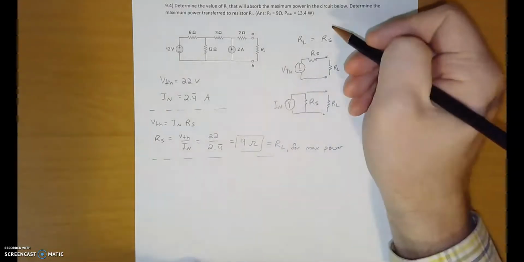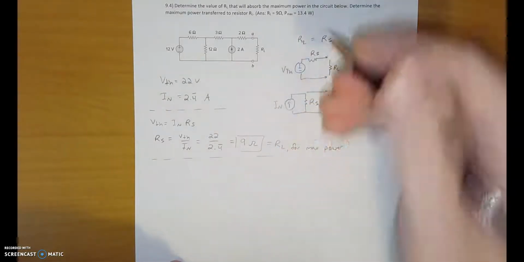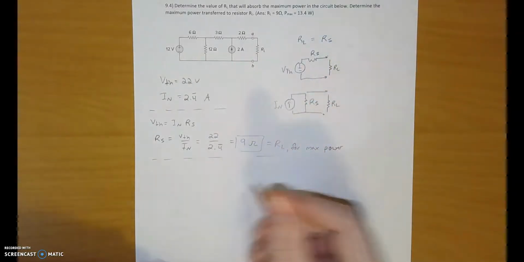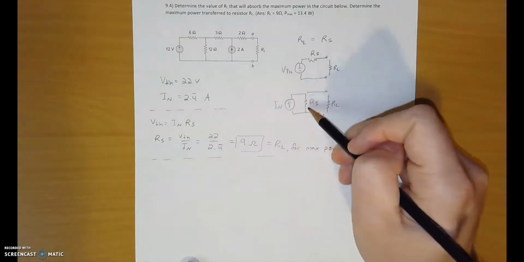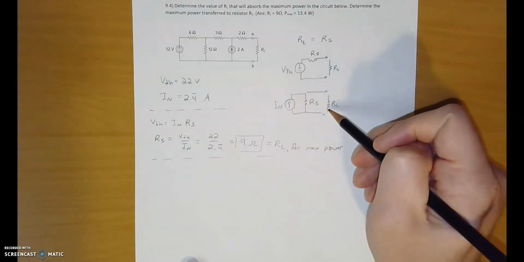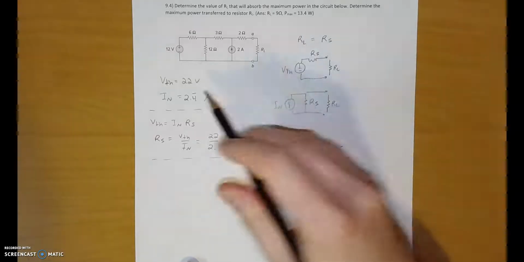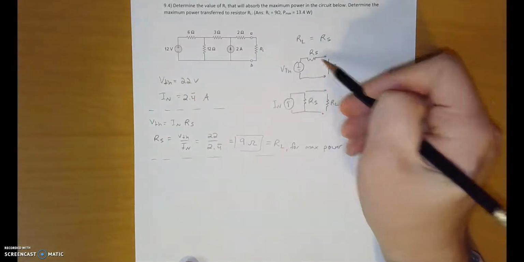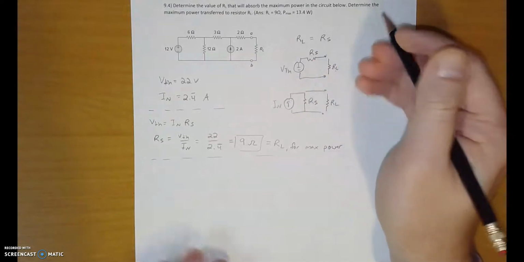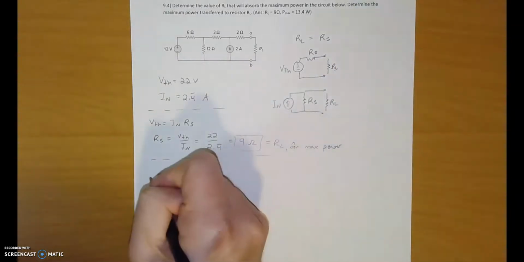And then if I want to find the power that actually goes through this resistor, then all you do is, if these resistors are balanced, then in this case the current through this will be split in half. I'm going to use the voltage because the voltage is a whole number. Same thing, the voltage will divide evenly since the resistors are equal. Actually, I want to show you both.